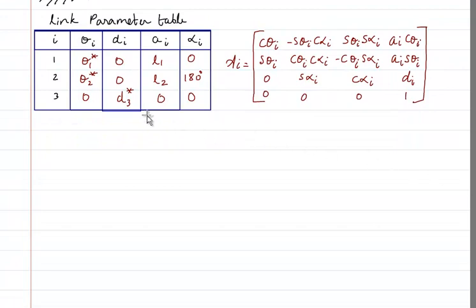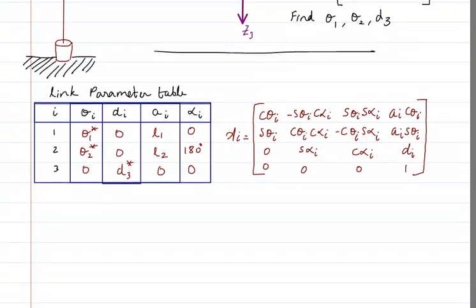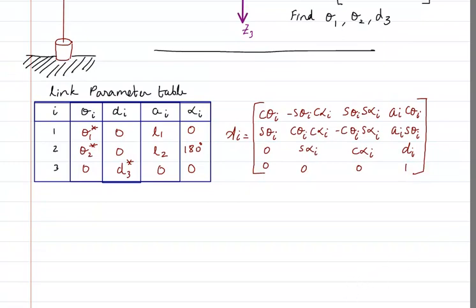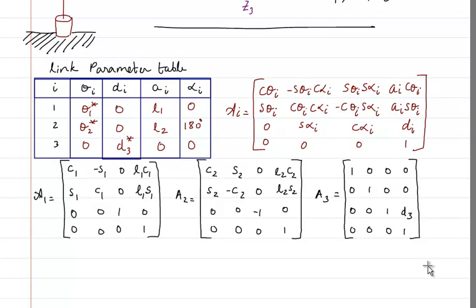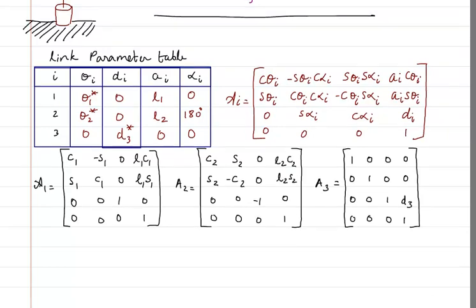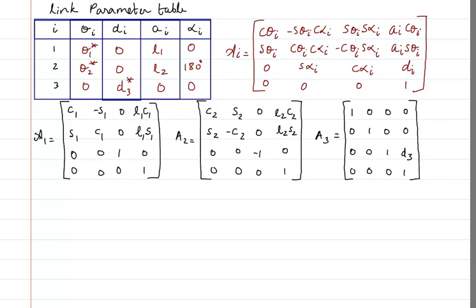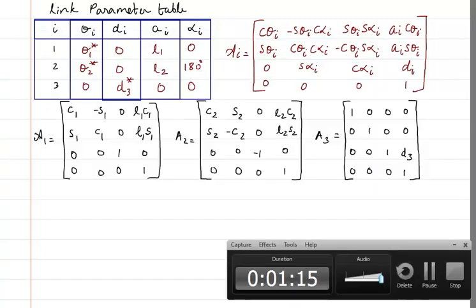Now, based on this, I can write A1, A2, A3 for the 3 rows, and the answer for that will be given by this. This gives the A1, A2, A3 values, and if you multiply, we will get the value of 0T3 as this.